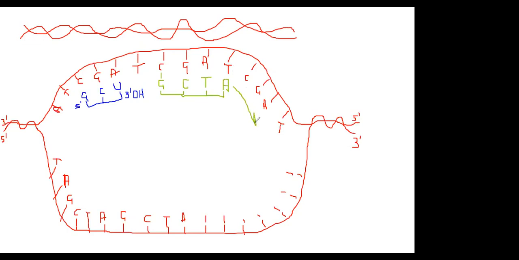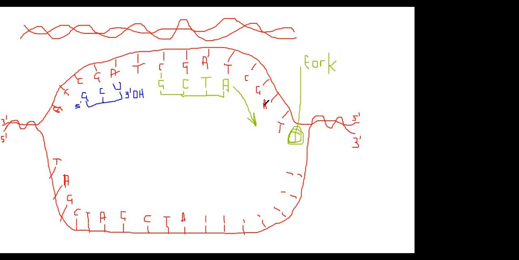And this is said to be continuous DNA synthesis because it only requires the addition of one RNA primer to set off the DNA polymerase enzyme. So this will continue in this direction towards this area here, which is called the replication fork. I'll just write fork because it takes too long for me to write.